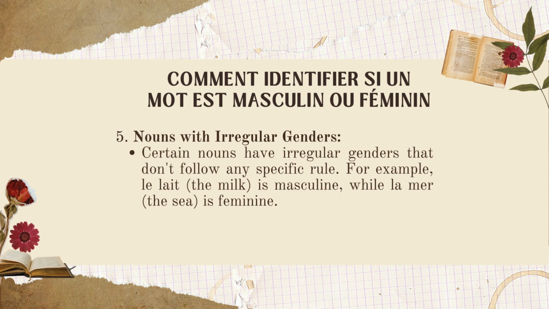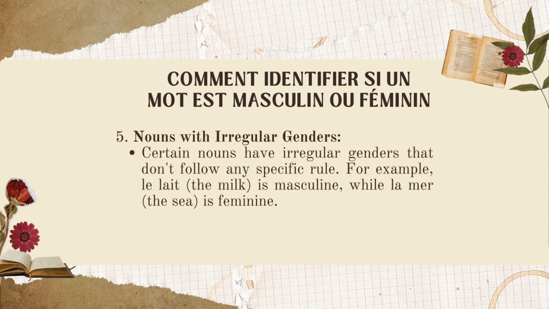Nouns with irregular genders. Certain nouns have irregular genders that do not follow any specific rule. For example, le lait, the milk, is masculine, while la mer, the sea, is feminine. So here they're saying that some nouns don't have a specific rule, even if they end in a consonant or even if they end with e.